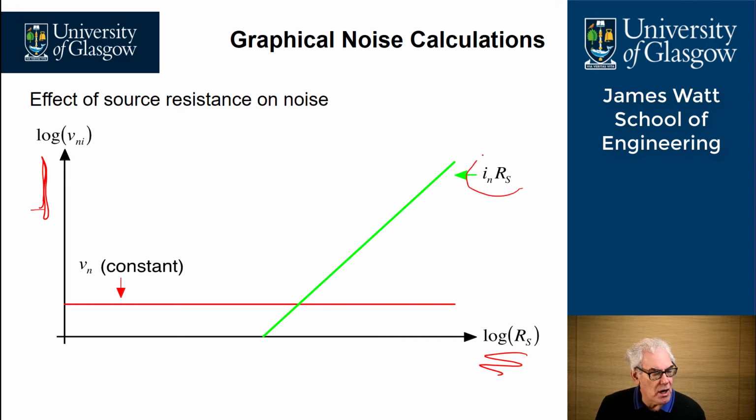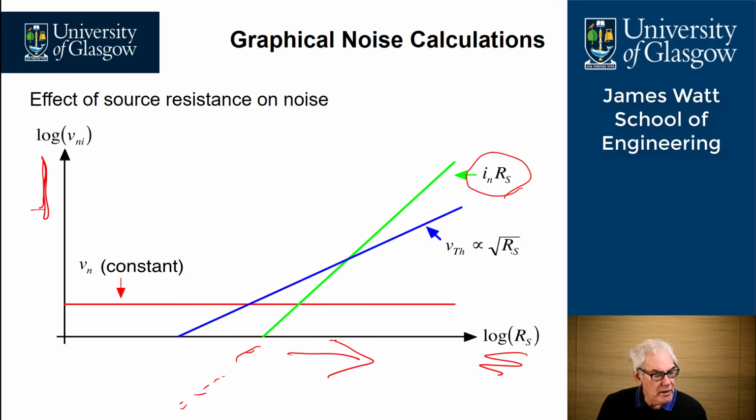Now, if we look at the effect of the source resistance on noise, we can draw a second graph, which is the noise current multiplied by the source resistance. That rises as In and Rs increase, so it would keep on going down here on the log scale and rise up as we increase the source resistance in this direction.